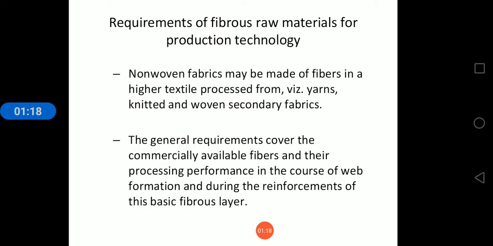What are the requirements of raw material for production? Nonwoven fabrics may be made of fibers, or of higher textile process forms such as yarns, knitted and woven secondary fabrics. The general characteristics cover commercially available fibers and their processing performance in the course of web formation and during the reinforcement of this basic fibrous layer.